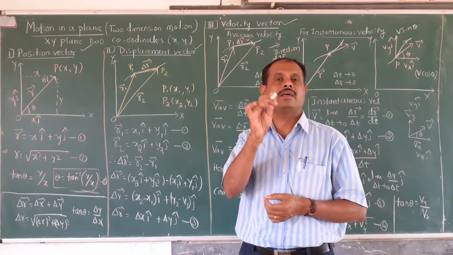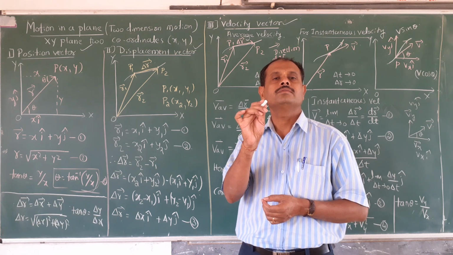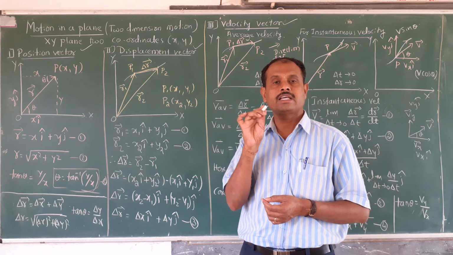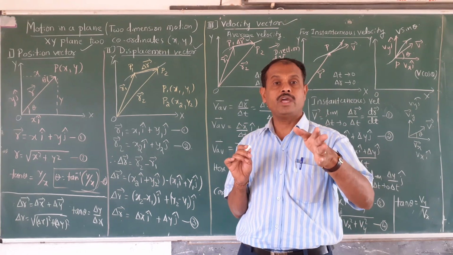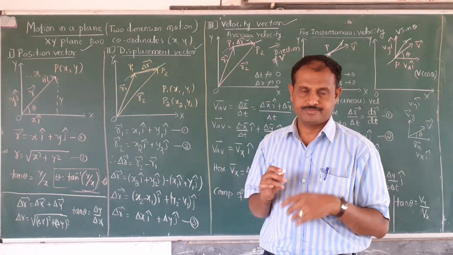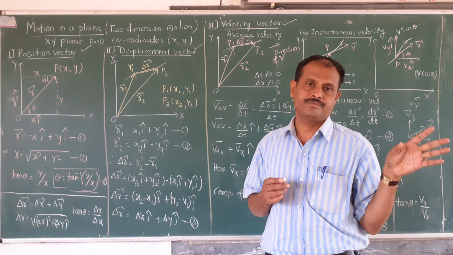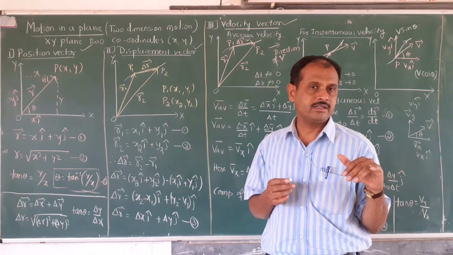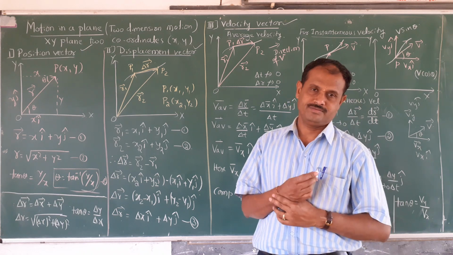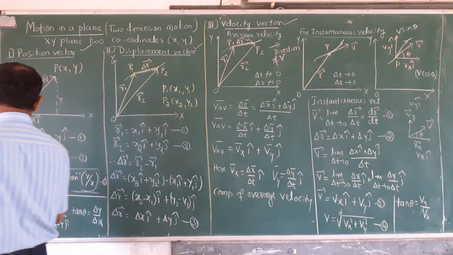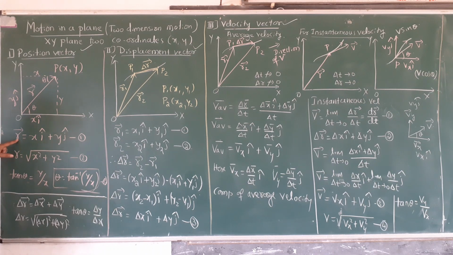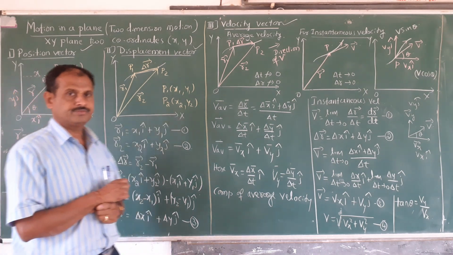You write the vector r, then position is expressed in 2 dimension, or in 3 dimension. You express the x, y, z individually, like that, it is 1 dimension. Now its magnitude, r is equal to under root of x square plus y square, equation number 2.